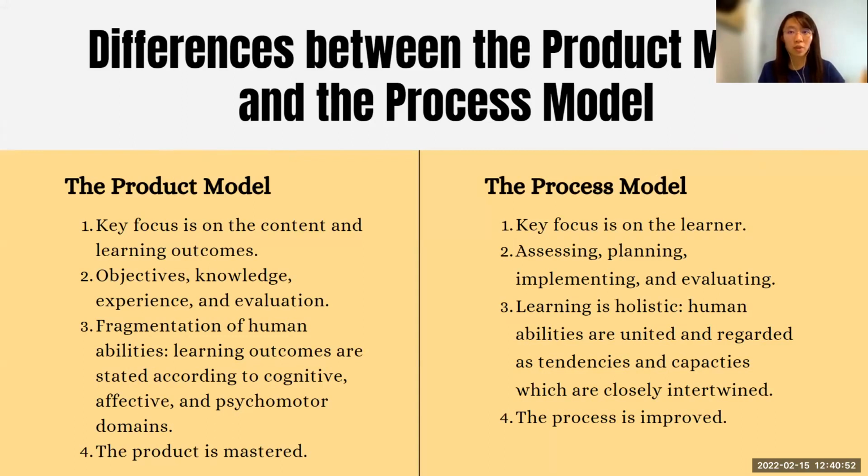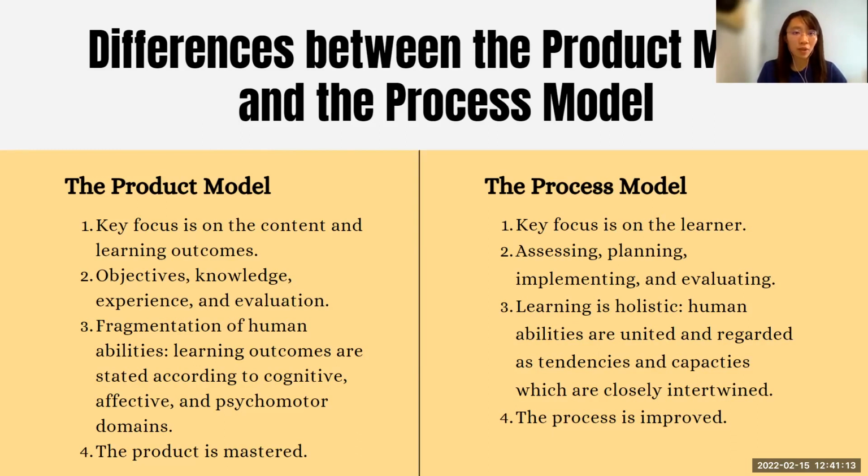Whereas the process model has less planning on the outcome, but more focus on the learner: how the learner is going to learn things, what opportunities and activities should be provided so that the learner can learn the topic of the syllabus.